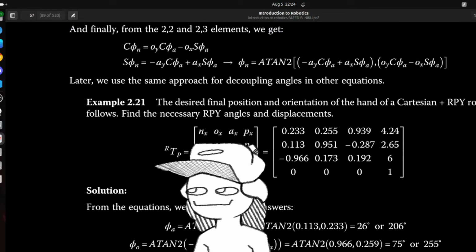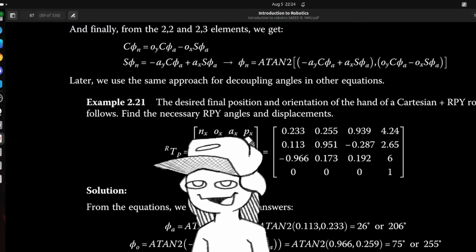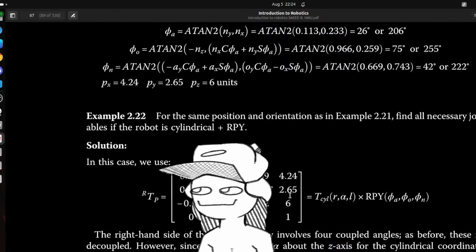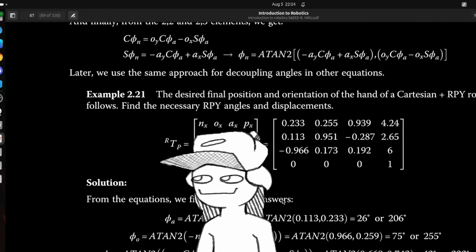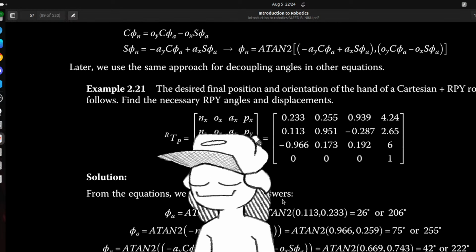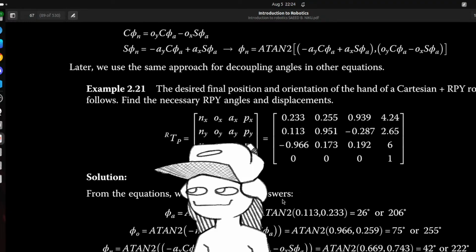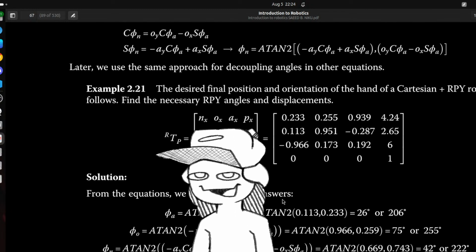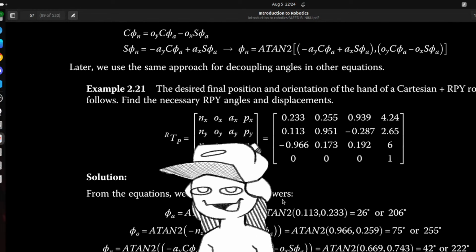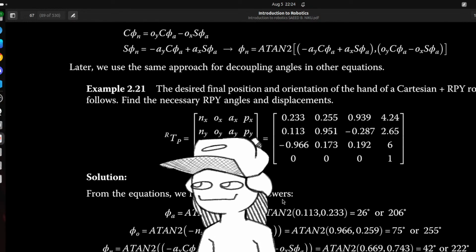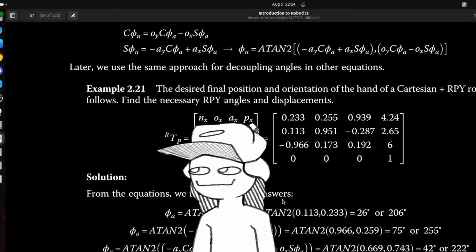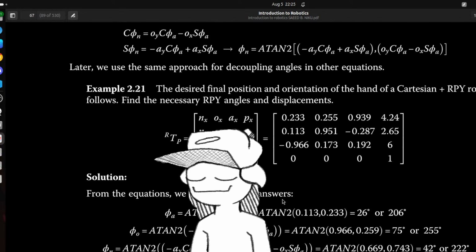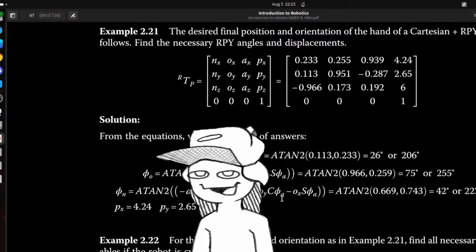Fusion plus RPY robot. Fusion plus. Why is this so hard?